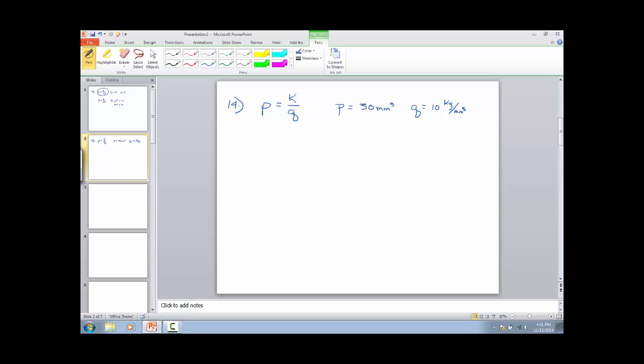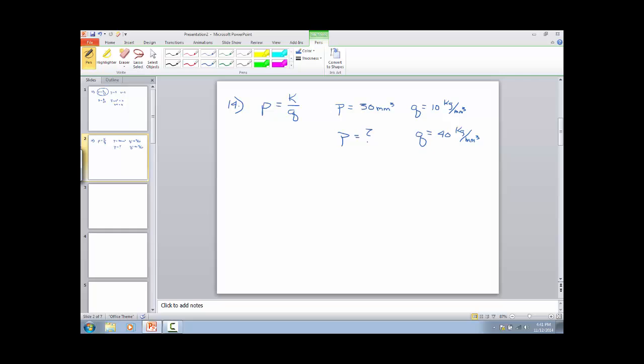10 kilograms per millimeter. What is P? So we'll put down here P, and we'll put a big question mark there. We don't know what P is when Q equals 40 kilograms per millimeters cubed. Okay, so we're going to use these values in order to find out our constant.